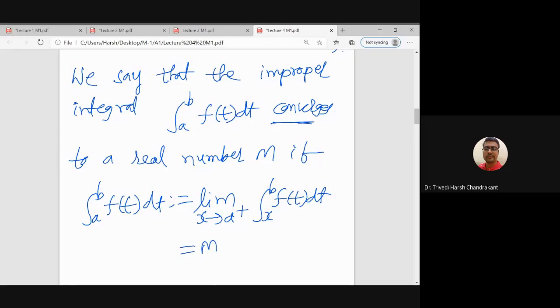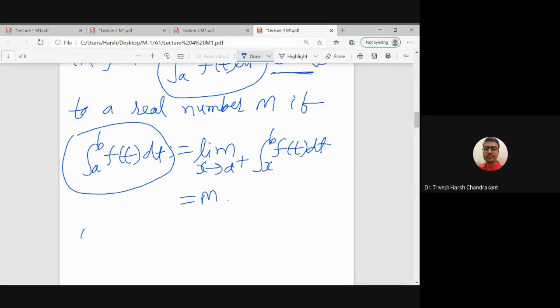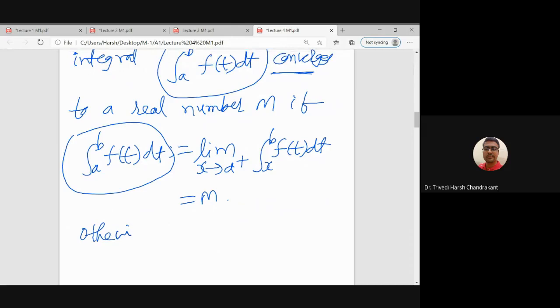So that means the limit as x tends to a plus of this integral exists and it is a real number m. Then we say that this integral converges, and otherwise we say it diverges.